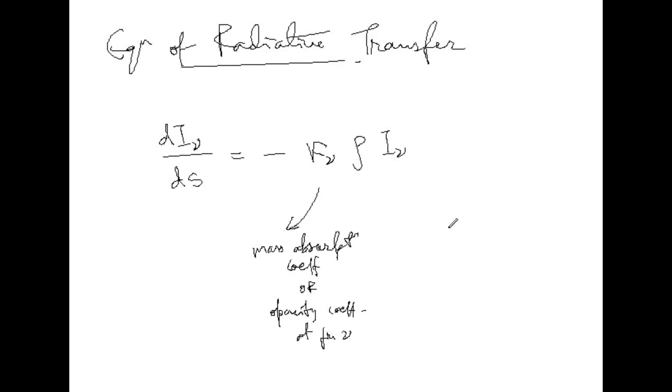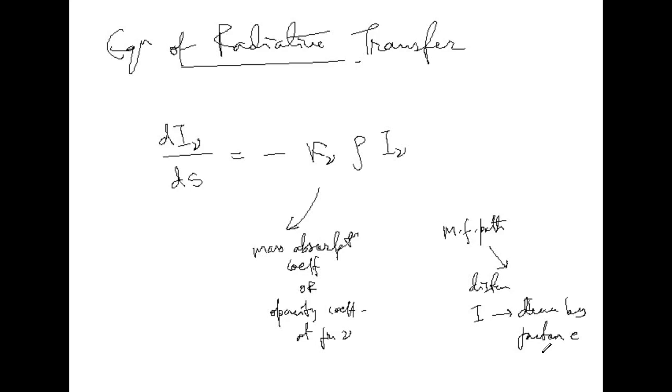Now you see the mean free path is basically the distance over which the intensity decreases. So mean free path is the distance over which the intensity decreases by a factor of e, which obviously depends on frequency.